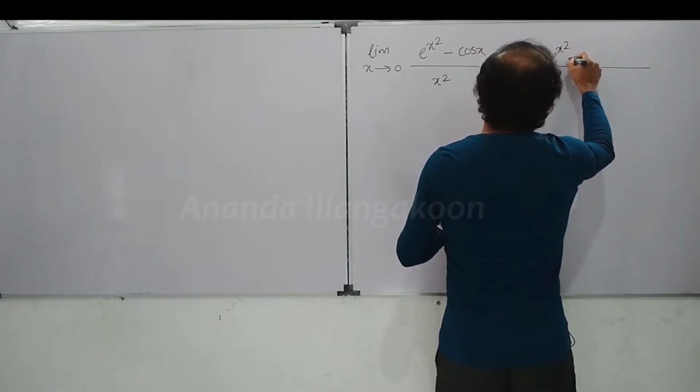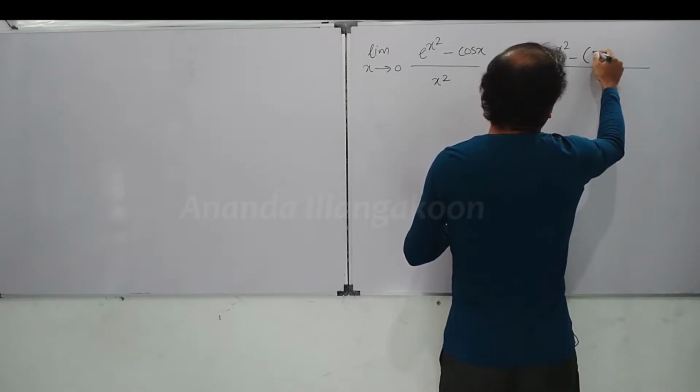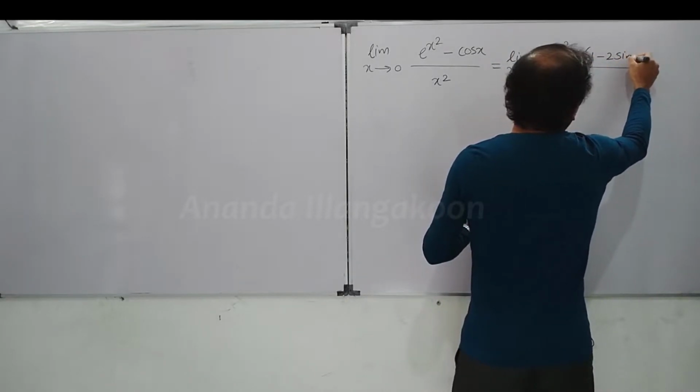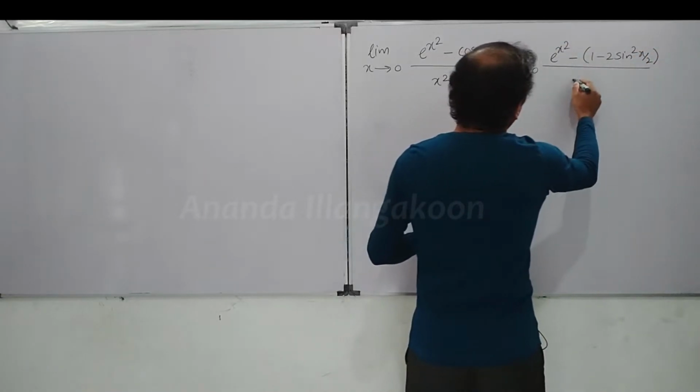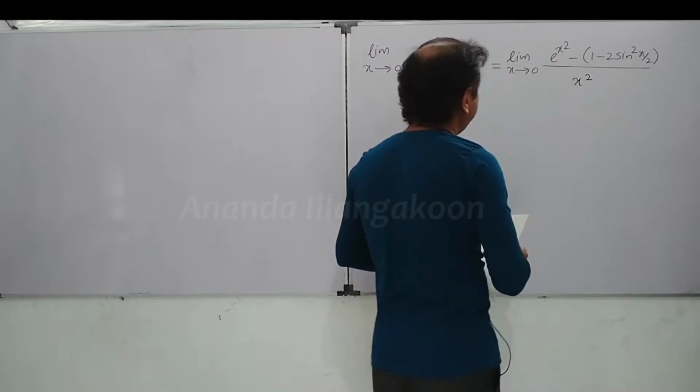e^(x squared), and this cos x I write using half angles, 1 minus 2 sine squared x by 2, divided by x squared.